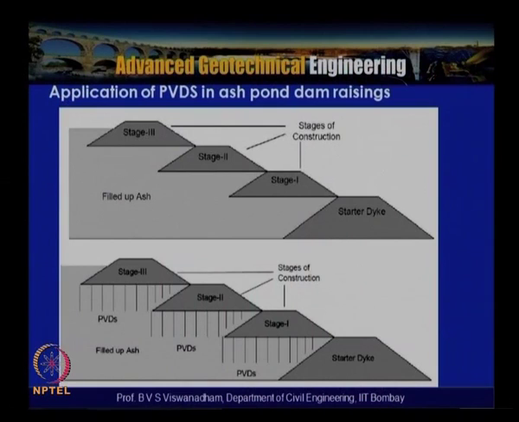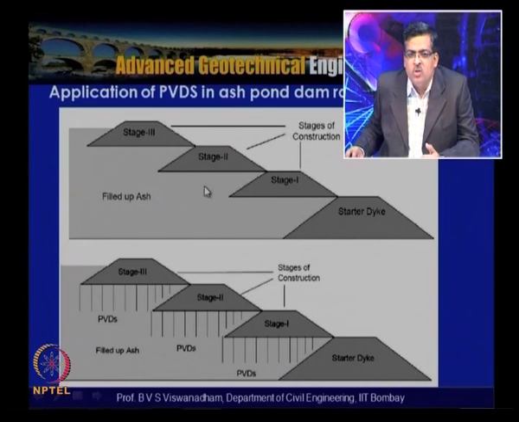And this is the application of PVDs in ash pond dam risings. We have the starter dike, which is constructed using natural soil, and then the ash is filled up. This generally happens in 3 or 4 stages.